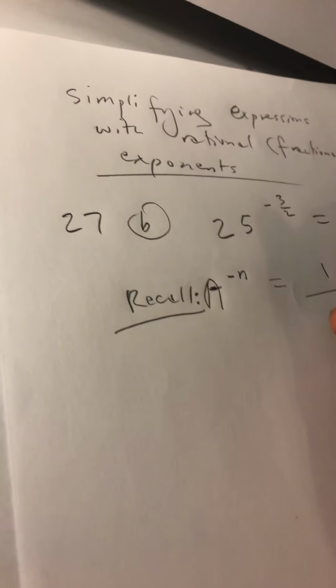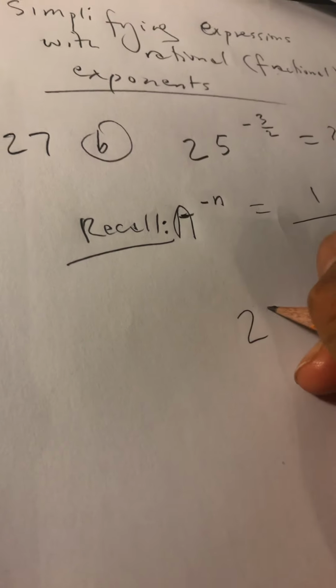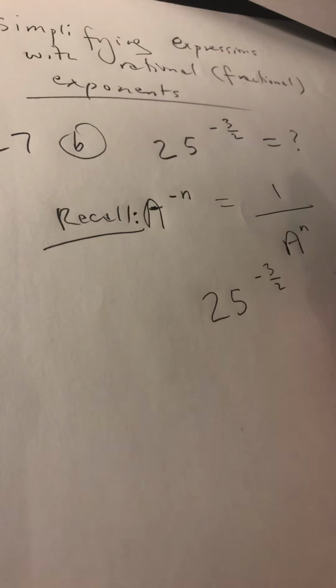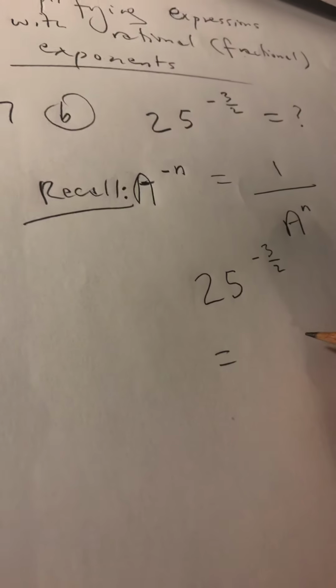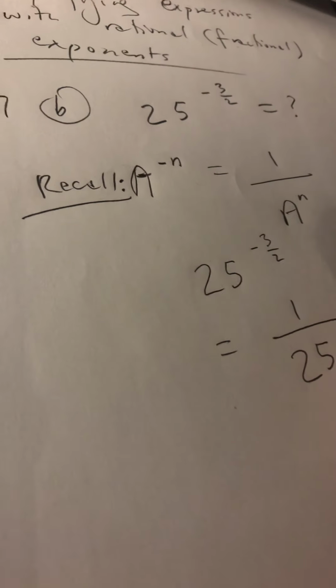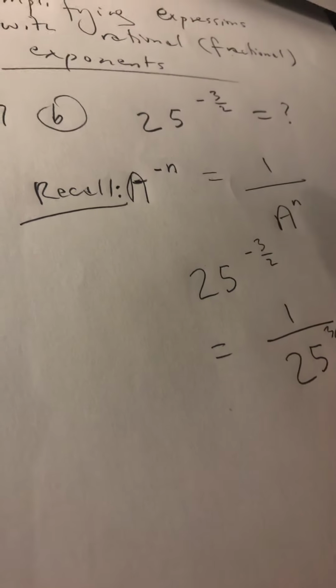Well, we're going to apply the same principle. So 25 to the negative 3 over 2 is just going to be 1 over 25 to the 3 over 2.